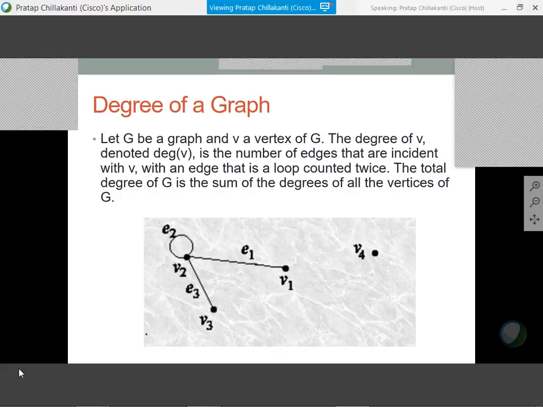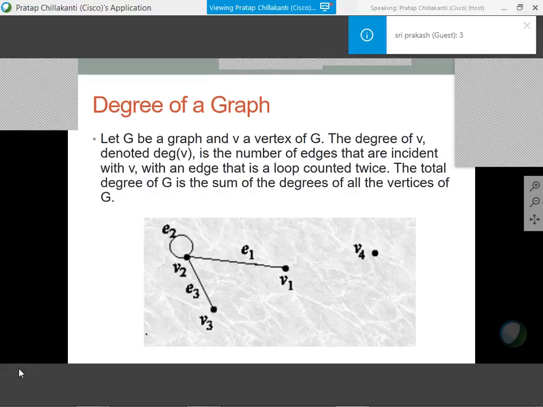So I have a graph here, a disjointed graph. What is the degree of this particular graph? If I ask you that question, how would you put the answer here? So degree is 3, is that what you're saying?